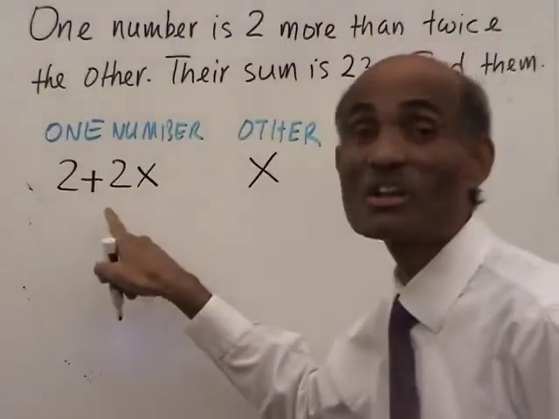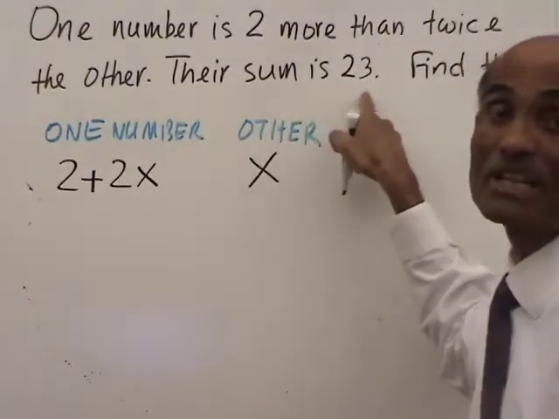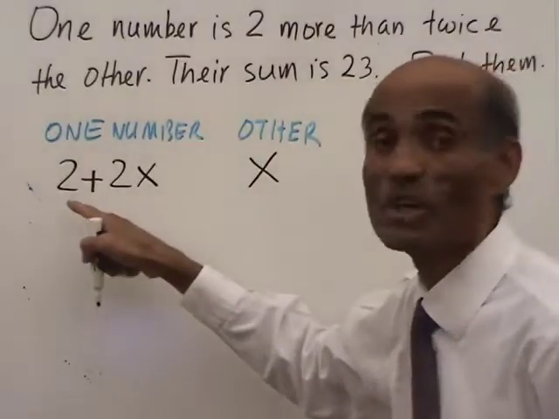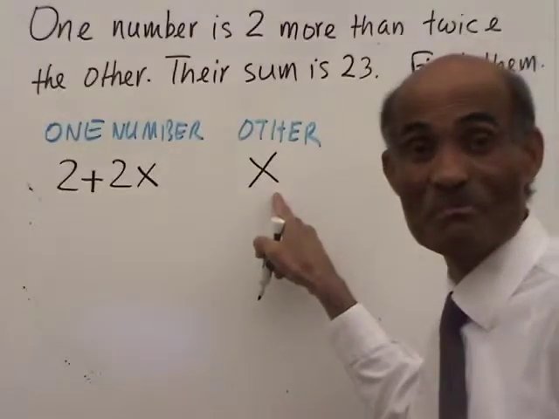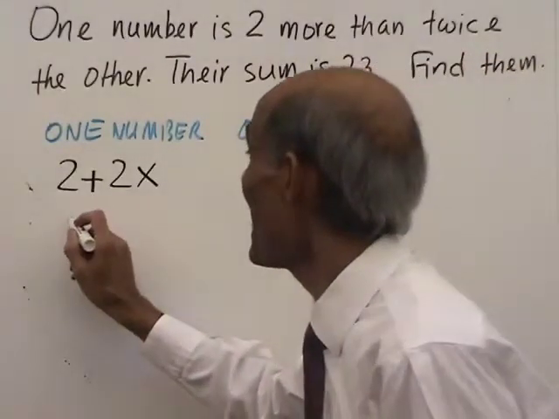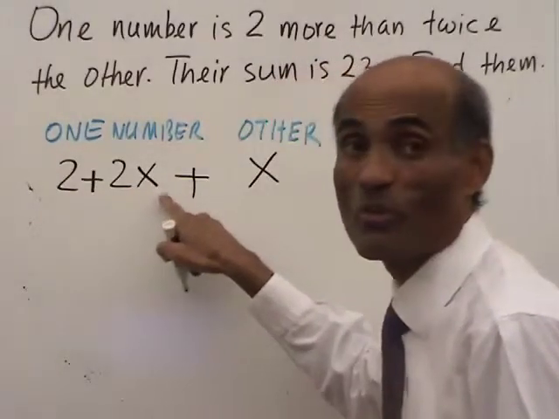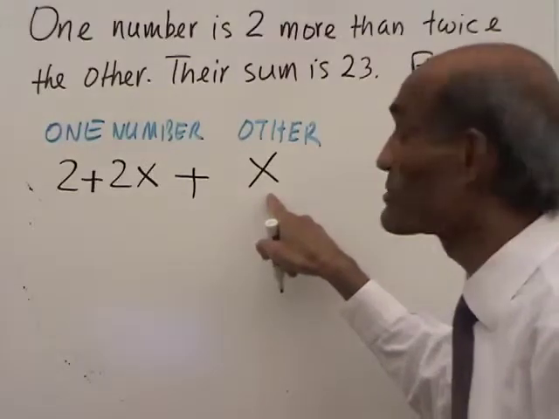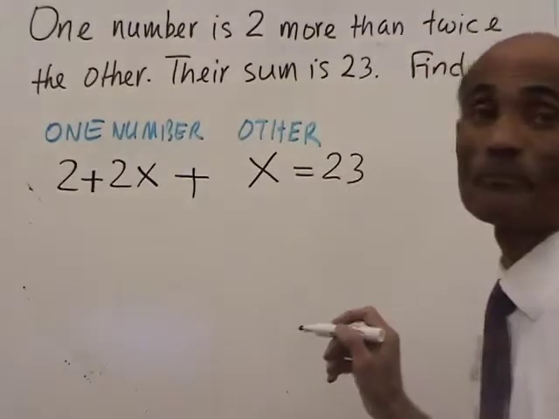Now, what is the relationship given to us? We are told that their sum is 23. That means if you add this one number to this other number, you get 23. So let's add 2 plus 2x plus x. One number added to the other will give you 23.